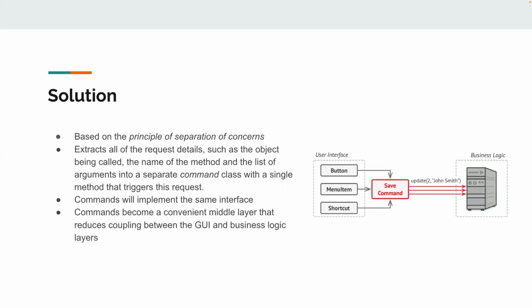Instead, you should extract all the request details, such as the object being called, the name of the method, and the list of arguments, into a separate command class with a single method that triggers this request. The command object will serve as a link between the GUI and the business logic. This will simplify our logic and prevent complexity.